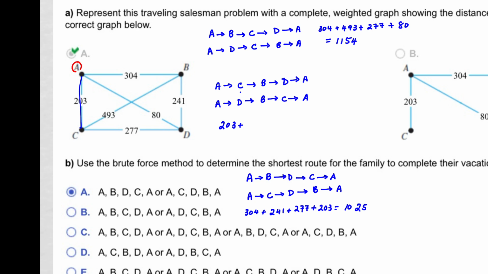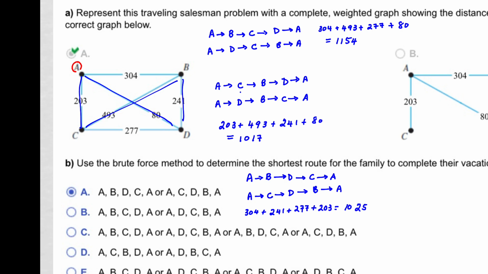But we're starting with A to C, so now I need to go C to B, and that's the 493. And then we're going to D, which is 241. And finally to A, which is 80. And that gives me 1,017 miles.